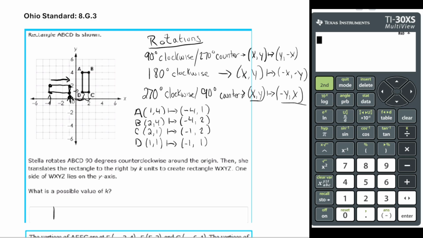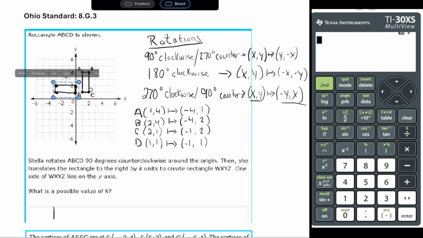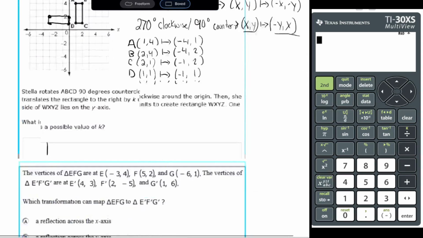If you take this shape and you shift it over 1 unit, now your side is lying on the y-axis. So that's all you have to do. You shift it to the right 1 unit.